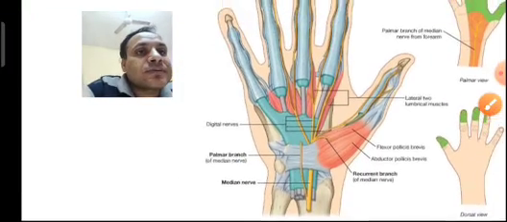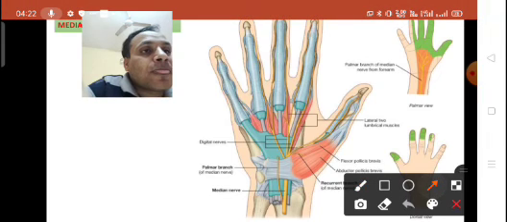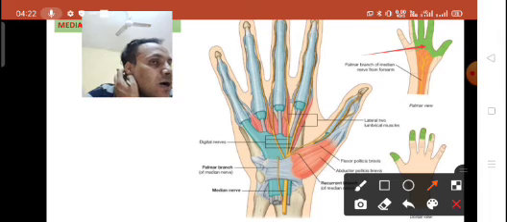That means the thumb, index, middle, and lateral half of the ring finger, 3.5 digits, are supplied by the median nerve.